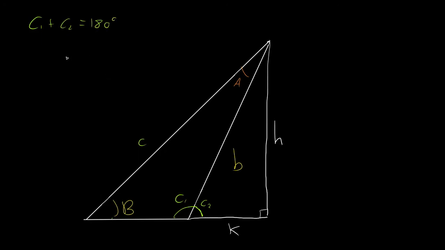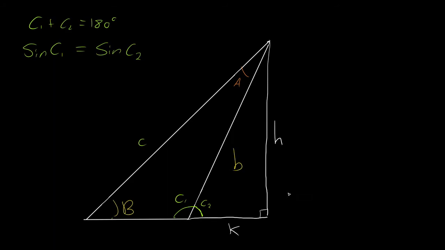These angles are supplementary angles, which means that C1 plus C2 equals 180 degrees. What's important about these angles is that if you do a trig function on supplementary angles, you will actually get the same result. So sine of C1 would equal sine of C2 because they're supplementary angles.